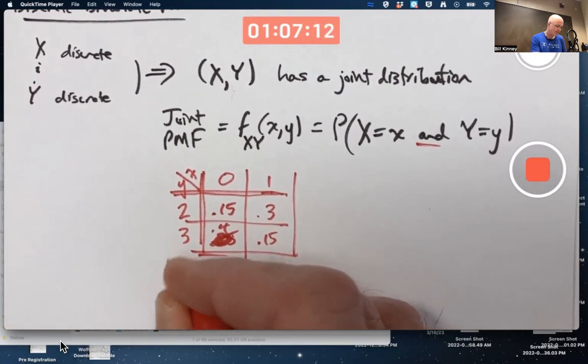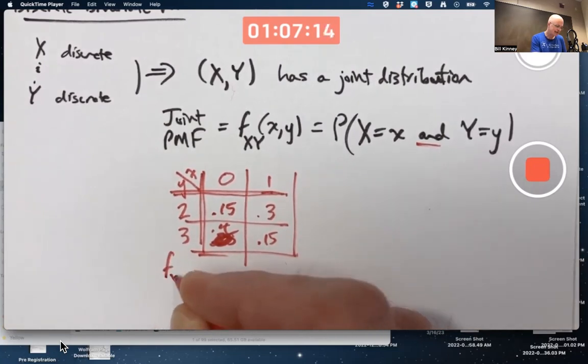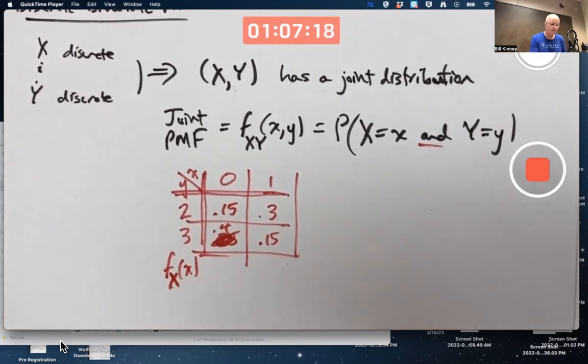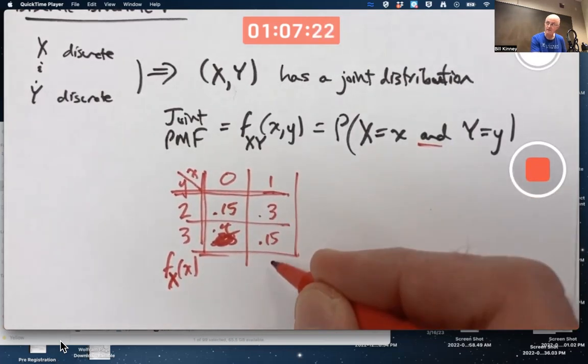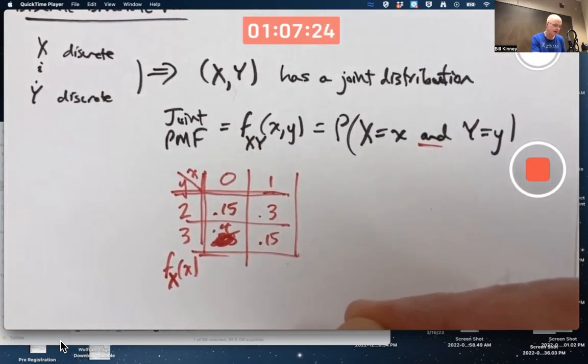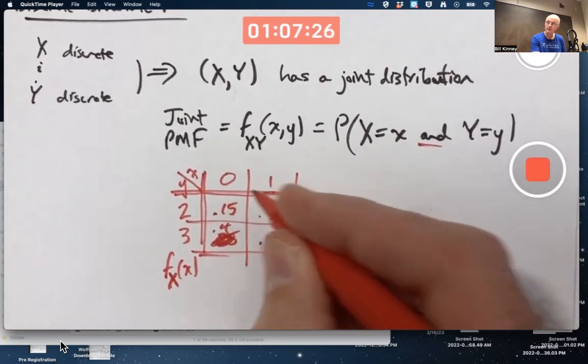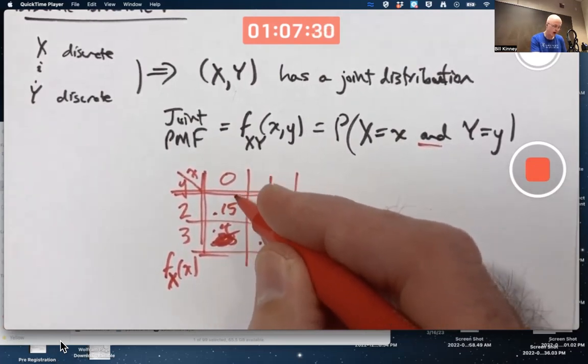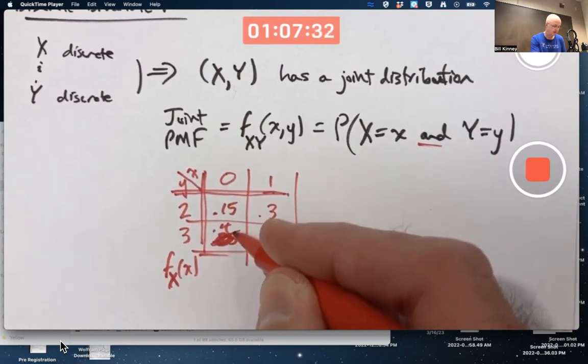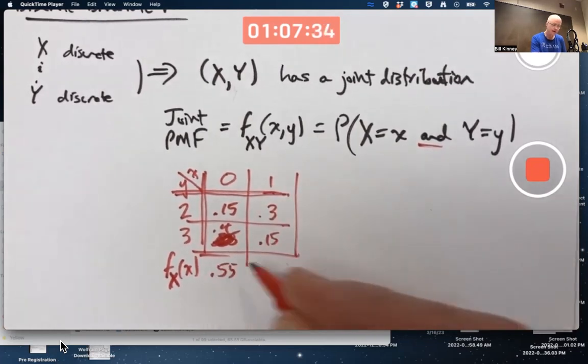The PMF for X, say little f sub capital X of x, is found by adding down these columns, if I make my table this way, because those are the two different values that X can take on. X will take on a value of 0 with probability equal to the sum of these two numbers, 0.55.